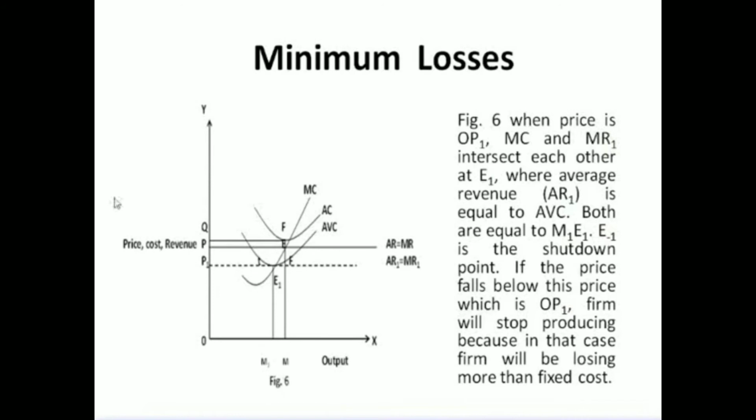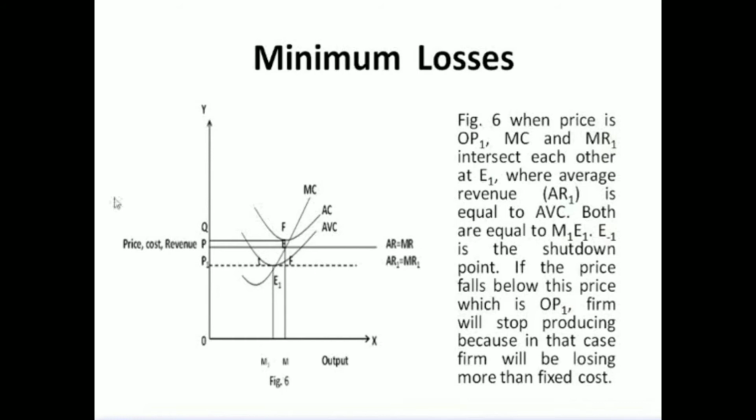Just looking at the figure, we can understand that on the x-axis we have taken output as usual. On the y-axis we have taken price, cost and revenue. The MC, AC, AVC cost curves are given. Regarding the revenue curves, price is equal to AR is equal to MR. This is perfect competition.